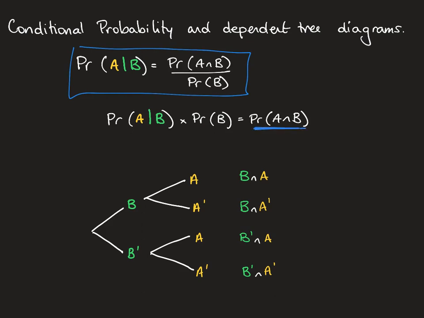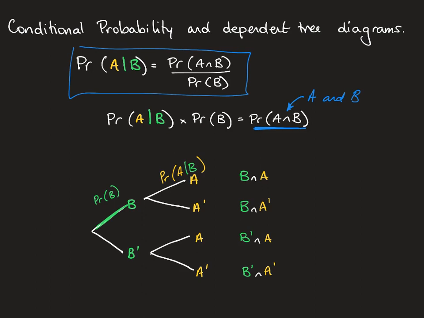So the probability of A and B occurring, as intersection means and, is the probability of the first branch B, so this will be probability of B, multiplied by the probability of A given that B has happened.